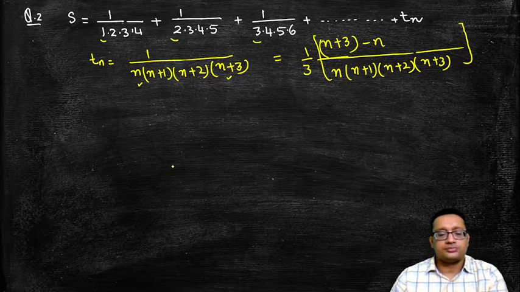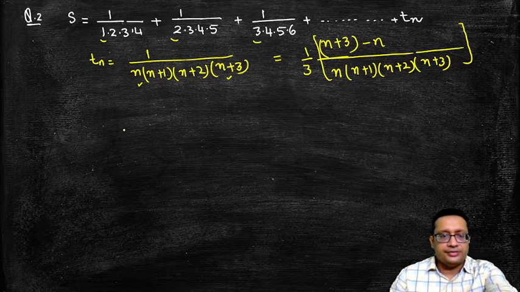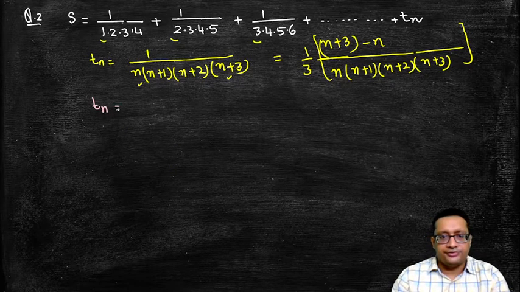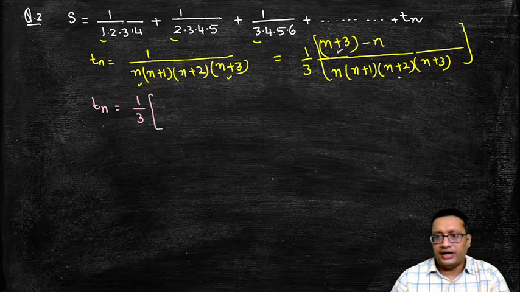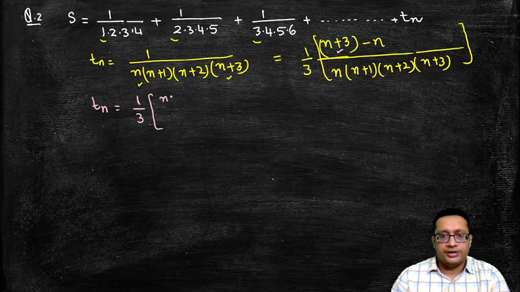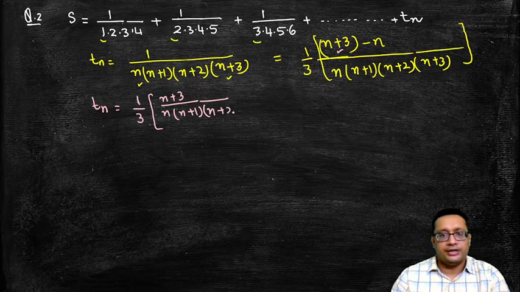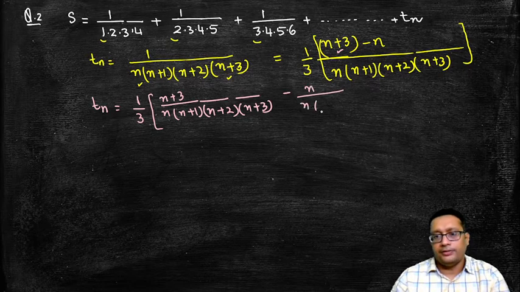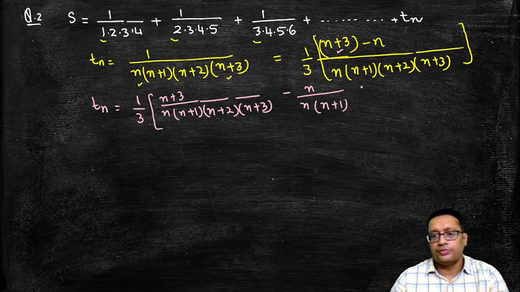Now I am writing Tn as a difference of two terms: n plus 3 divided by n, n plus 1, n plus 2 and n plus 3, minus n upon n, n plus 1, n plus 2 and n plus 3.